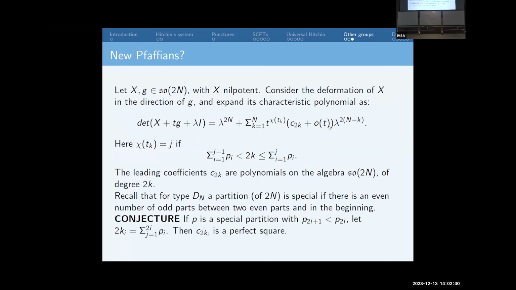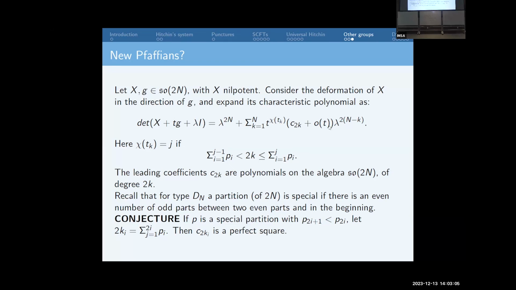Then we take its characteristic polynomial, in other words, the determinant of X plus tG minus lambda identity. You expand it in terms of the two variables, lambda and t. So we're expanding first in terms of lambda, it starts with degree 2n, and has various lower degree terms, all of which are even because it's skew.